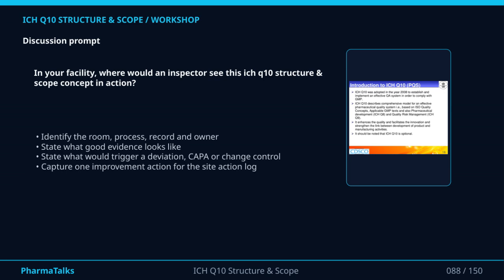This could be well-maintained documentation or consistent process control. Also, reflect on what kinds of situations might lead to a deviation, a CAPA, or a change control. Finally, think about one improvement action that could be added to your site's action log to enhance compliance or efficiency. This exercise helps ground the ICH Q10 framework in real-world practice.